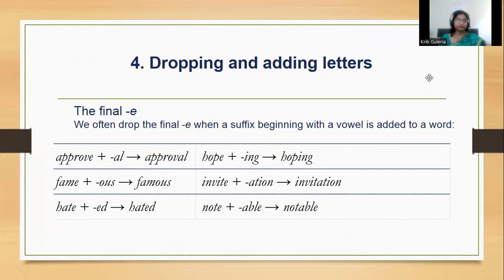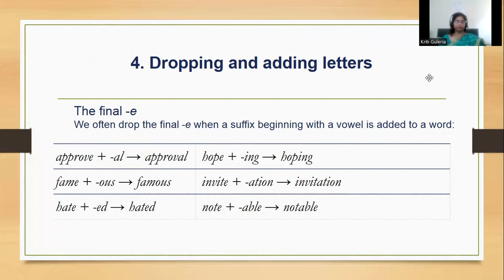For example, approve is one word, and the suffix being added is al, and al starts with a vowel. In that case, we have to drop the last e from the word. So we remove e from approve and it will become approval, A-P-P-R-O-V-A-L.